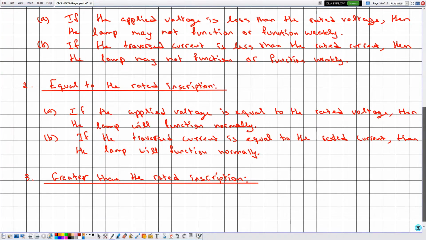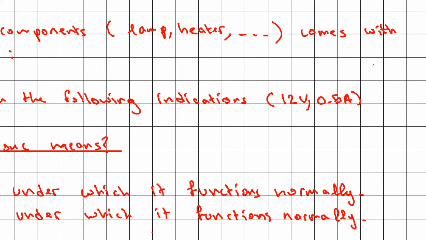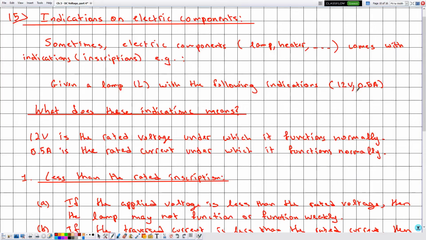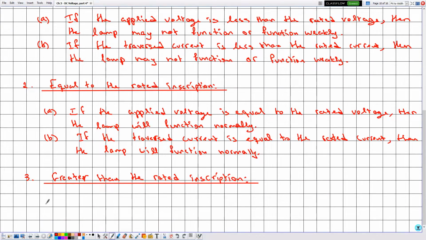Now here, suppose that this lamp, which has a rated voltage of 12 volts, we connect it to a battery having, for example, 20 volts. So 20 volts is greater than 12 volts. Then here we have a possibility that the lamp may burn out or function strongly.